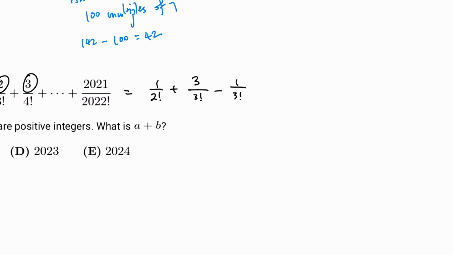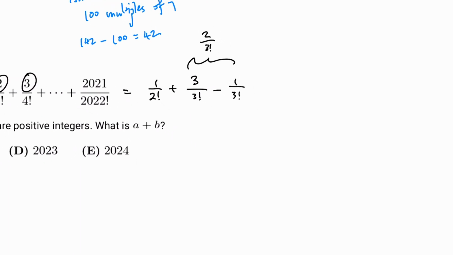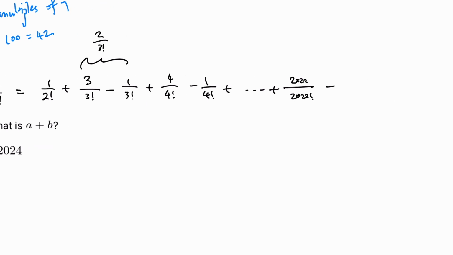So this is equivalent to 2 over 3 factorial, plus 3 over 4 factorial, which we change to 4 over 4 factorial minus 1 over 4 factorial, plus ... plus 2022 over 2022 factorial minus 1 over 2022 factorial.